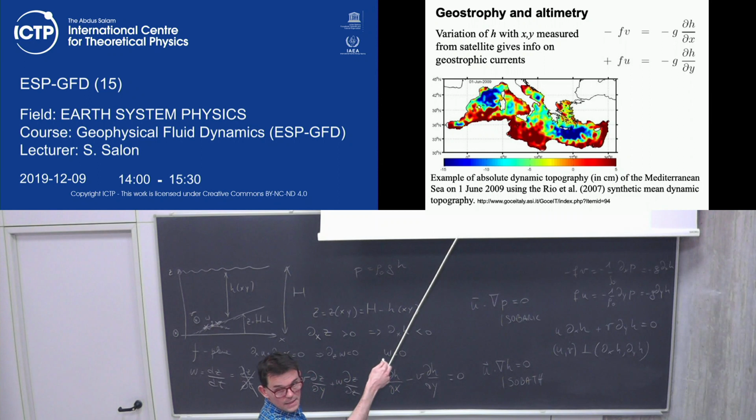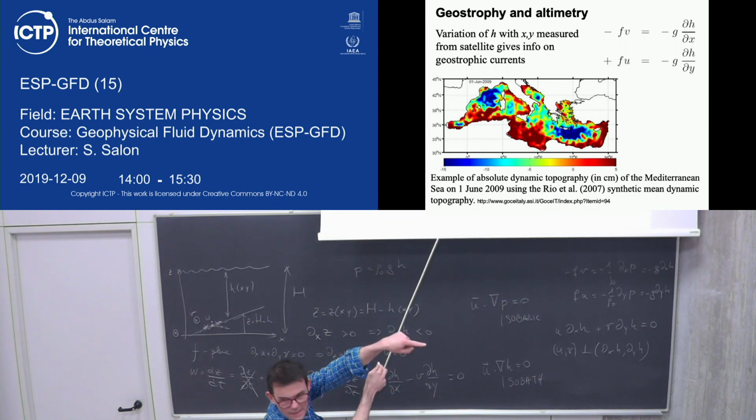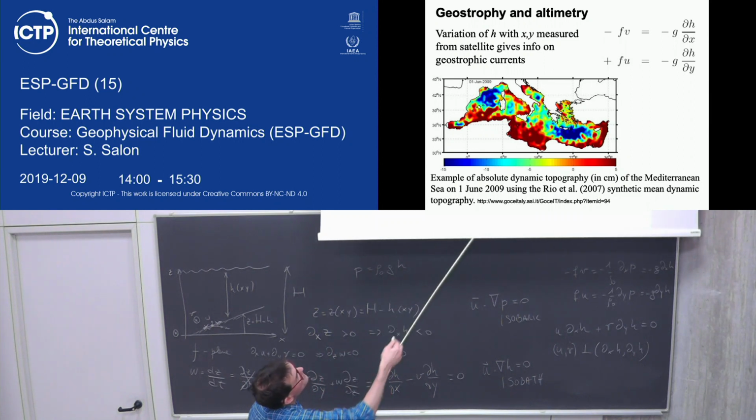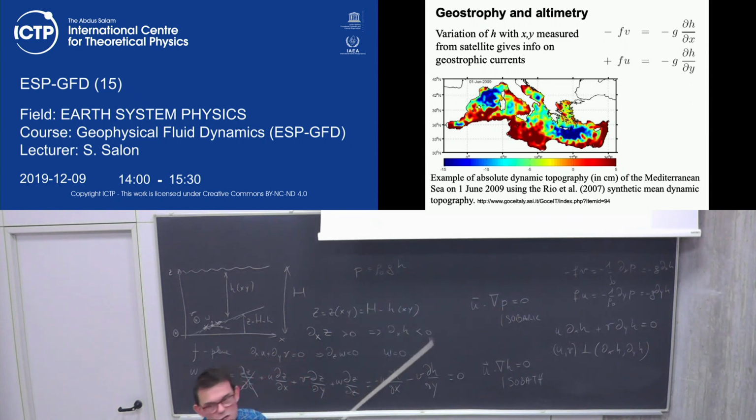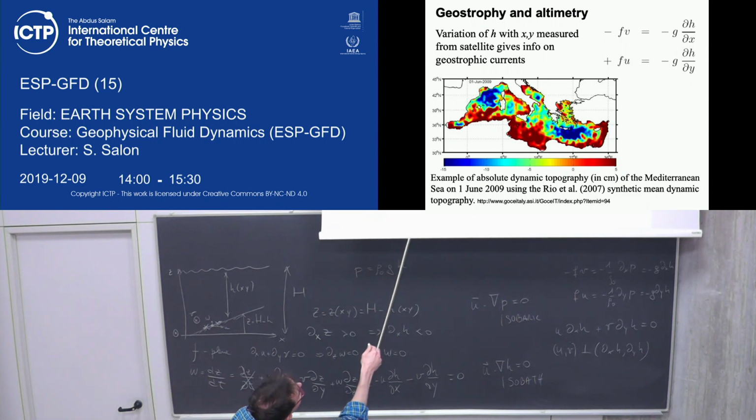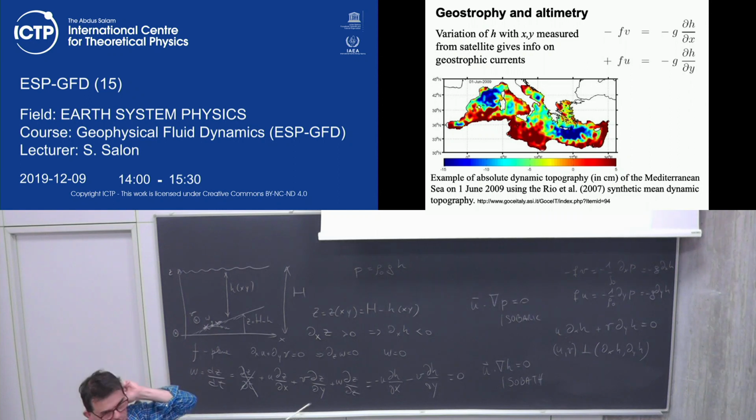The geostrophic velocity here is in that direction. Okay? So in a closed basin like the Mediterranean Sea, the velocity is geostrophically adjusted, and it follows this direction in first approximation, leaving the coast on its right. Okay? Exactly like in the geostrophic flow that we saw last time, the flow leaves the high pressure on its right.